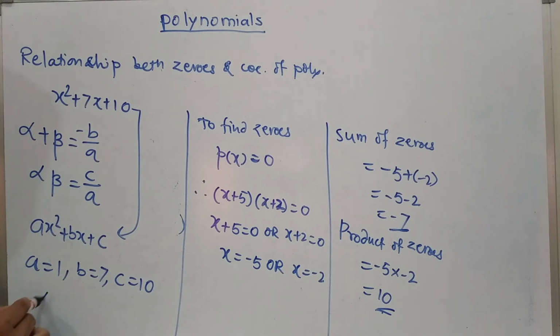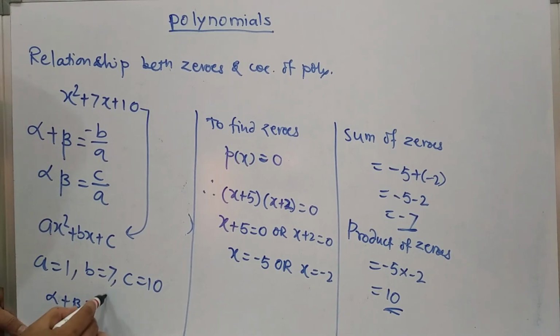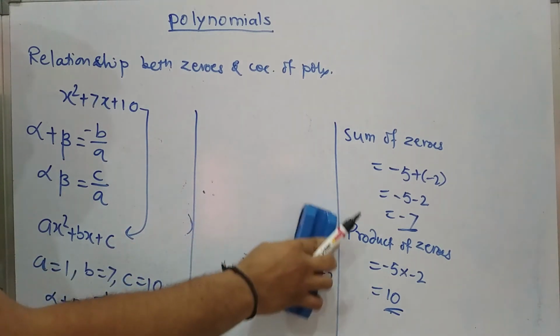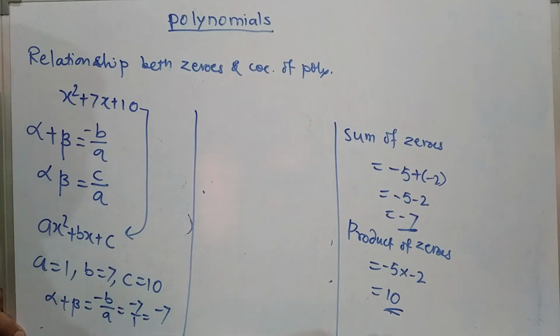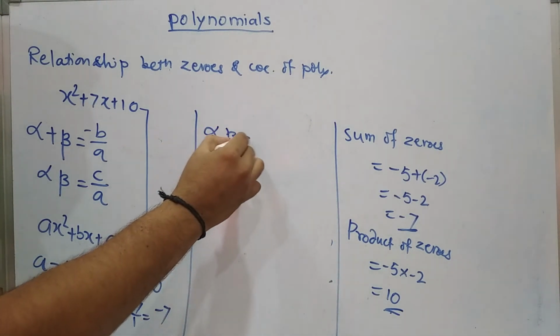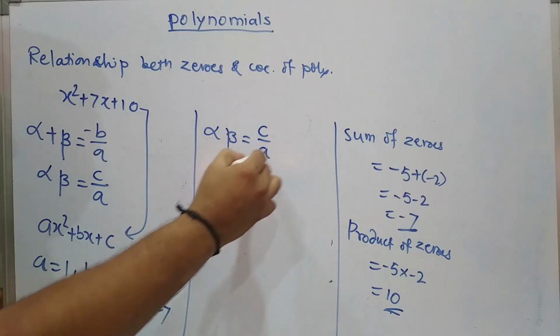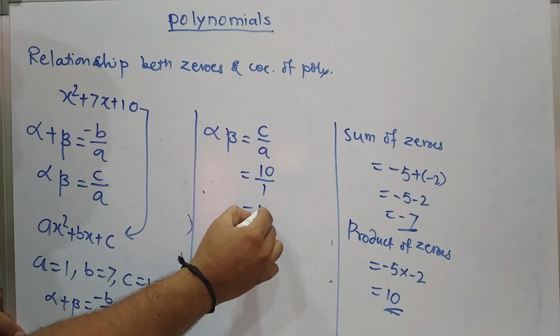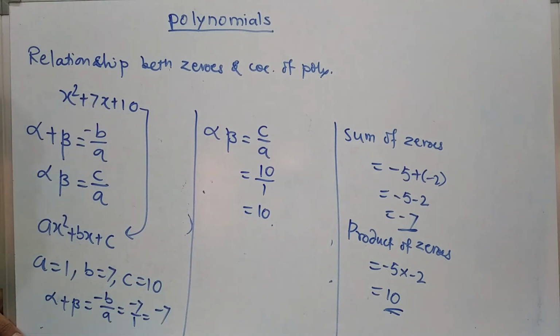So we can write alpha plus beta is equal to minus b upon a, minus 7 upon 1, which is equal to minus 7. Similarly, we can write the product of zeros as c upon a, which is equal to 10 upon 1, and it also came out as 10.